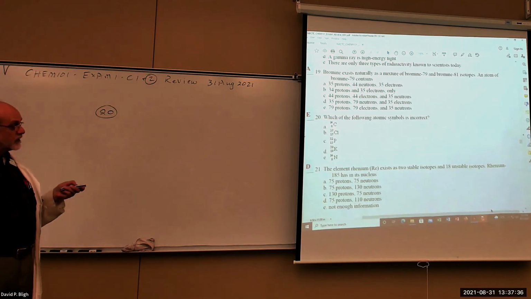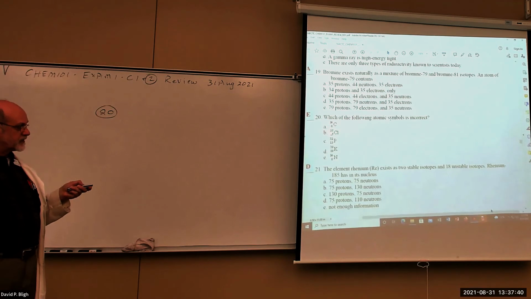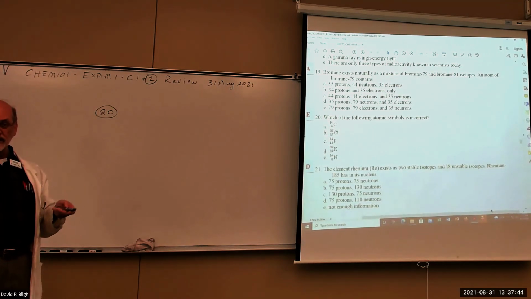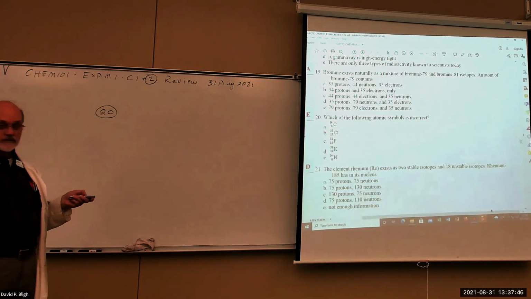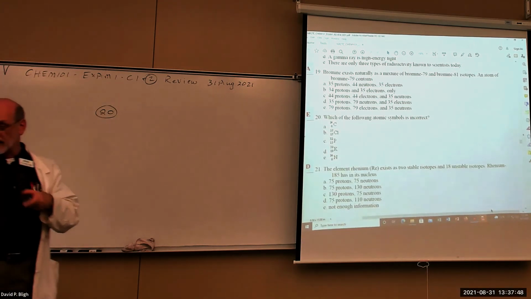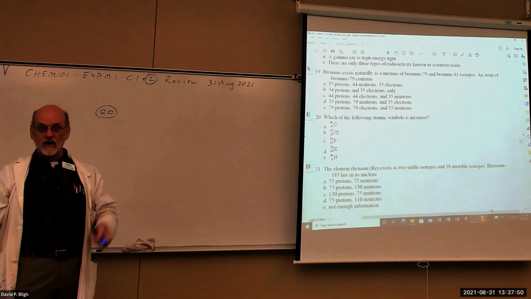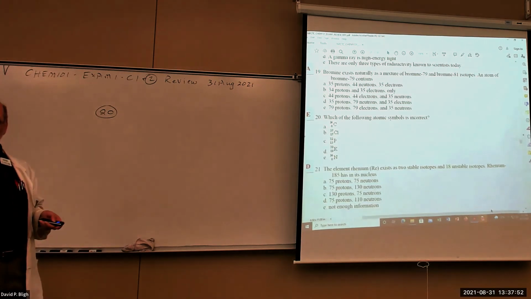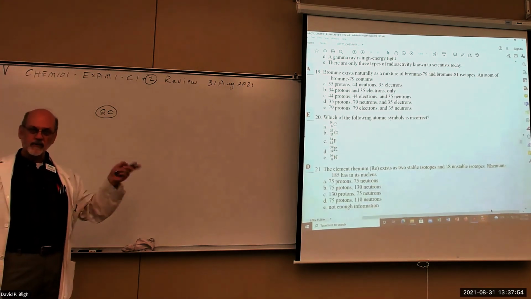So if you just go down looking at these, you really can't tell based on the mass number, right? Because of different isotopes. But if you can't match up the symbol to the number of protons, the atomic number, then it's wrong. If you know the symbol, you know the number of protons. If you know the number of protons, you know the symbol.